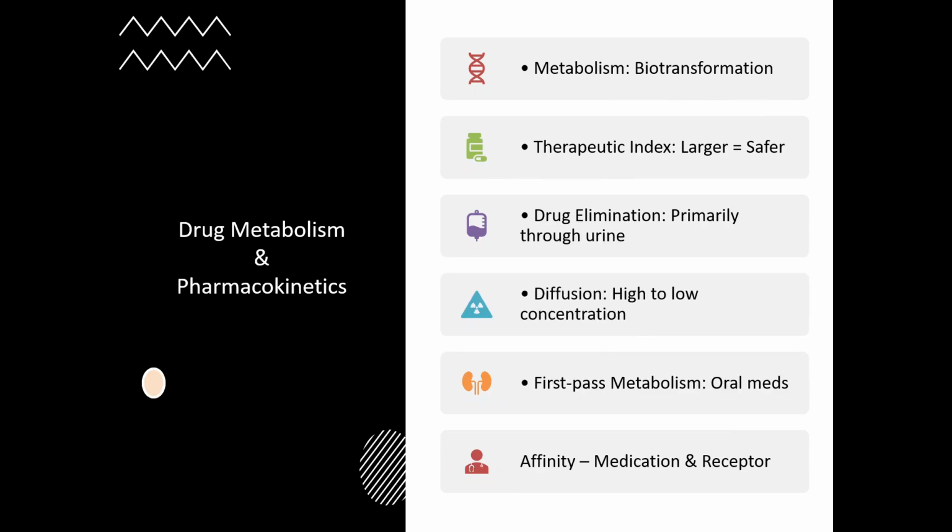Affinity. So let's talk about affinity. When we look at the definition of pharmacodynamics, also called mechanisms of action, it is the way in which specific medications achieve their desired effect. Most drugs have their effects by binding with cellular receptors. Receptor site theory, so it's a theory, states that there are specific receptor sites on cells.